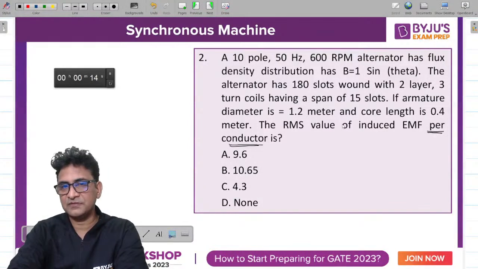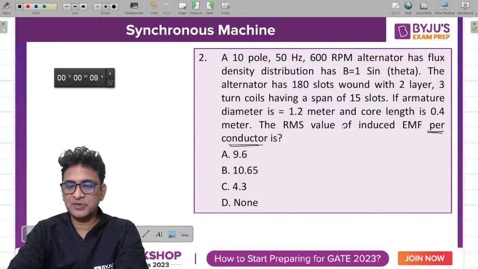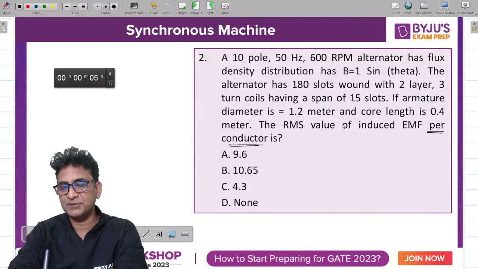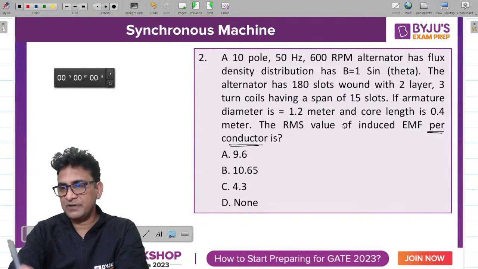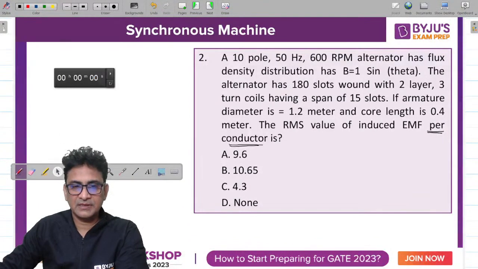The formula always remains the same, because it belongs to the rotational EMF, how much rotational EMF is induced in a single conductor. Last 2 seconds. Your time is up.